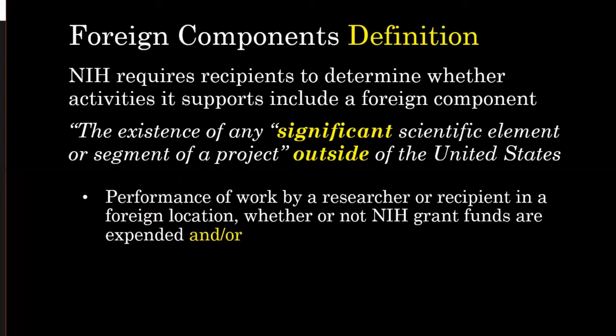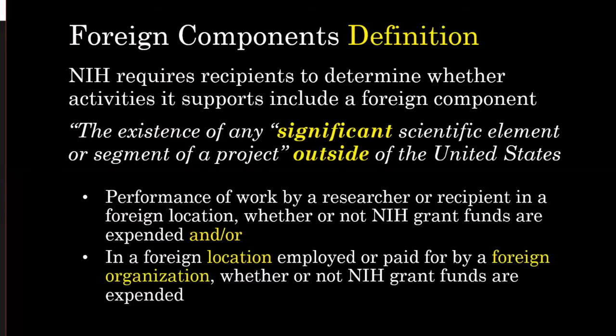A lot of this goes around postdocs that started in the lab and you collaborated with, and then they go back to their home country, but eventually when the paper's published, they are a foreign component and it has to be disclosed. The other side of this is someone in a foreign location employed or paid by a foreign organization, whether or not NIH grant funds are also expended.